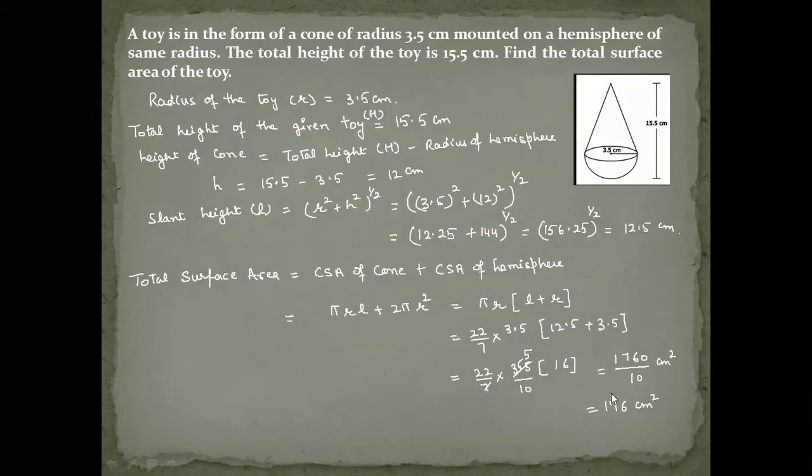By solving this we are getting a total surface area of 176 centimeter square. So that is the surface area of this given toy, whose radius is 3.5 centimeter and height is 15.5 centimeter. Alright, so let us take the next question very quickly and solve it.